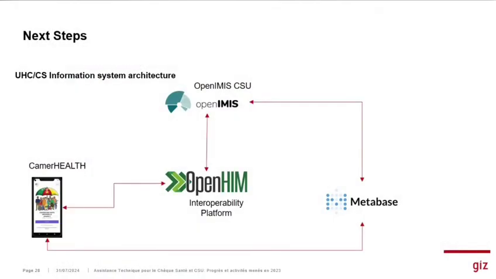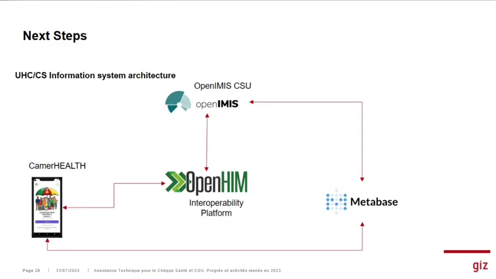So speaking about next steps, it's this design. If you remember, the first information system architecture I showed you at the beginning didn't have openIMIS in the middle. So the interoperability was a direct connection between Camel Health and openIMIS.